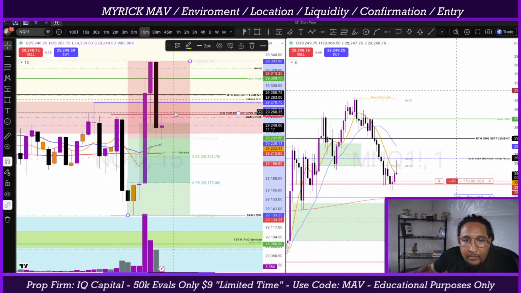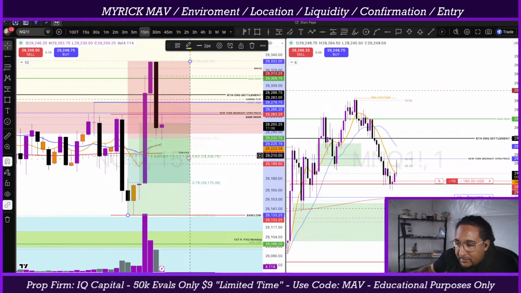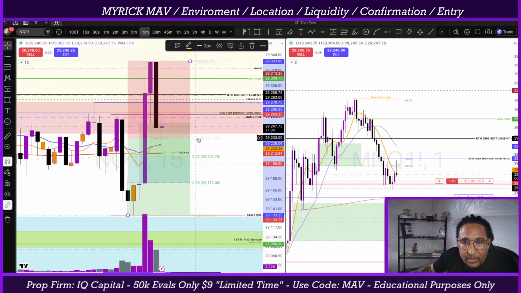So here we're in premium. We want to get down here below discount. Should be at least good to this OTE area, that 15-minute leg. So that 29,208, which we left plenty of room. We're trying to take profit at 29,240.